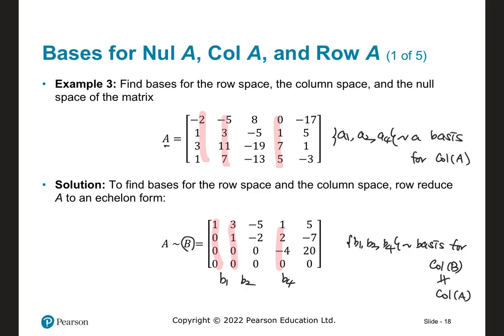And the echelon form B tells you that first three rows are non-zero rows in B matrix. So those three non-zero rows in B will be a basis for the row space of B, and the row space of B equals row space of A. So for this row space of A, these three rows in B will form a basis.